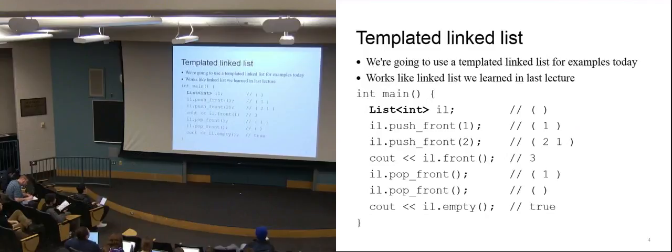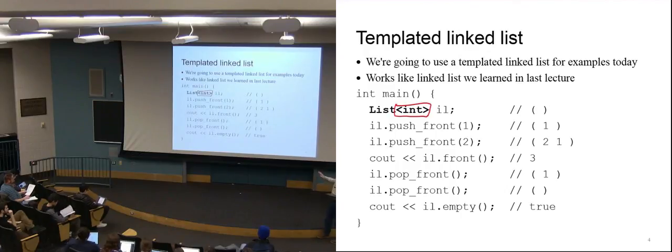I'm going to use a templated linked list for all of our examples today. This matches the linked list that's in your project. It's different from the linked list from the most recent lecture only in that it's templated. So now instead of int list, it's just list and it holds anything you want.